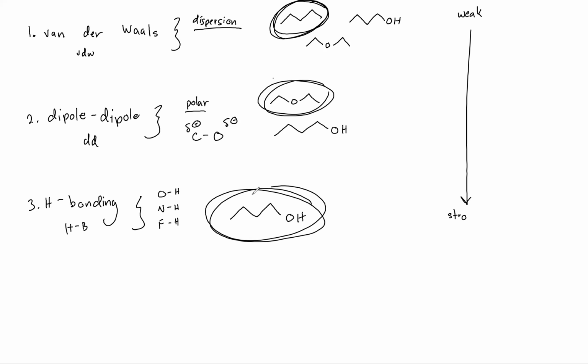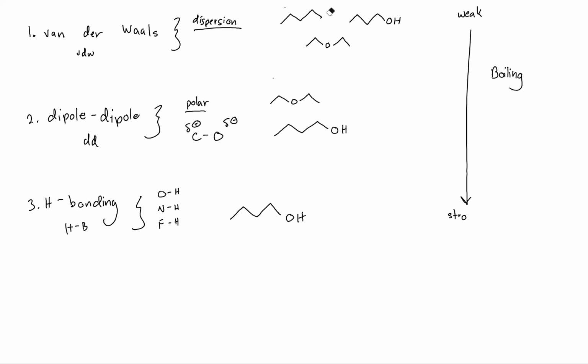Well, we're talking about this because we want to talk about the physical properties, specifically the boiling point. So the boiling point of a specific structure is going to be tied directly to its intermolecular forces. The stronger the intermolecular forces, the stronger these atoms are going to hold on to each other, the less likely they're going to want to be separated through boiling. So the stronger your intermolecular forces, the higher your boiling point.